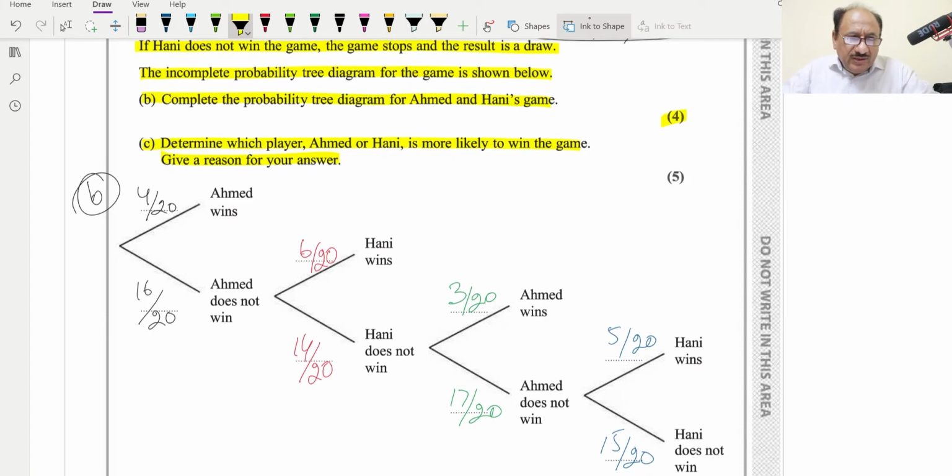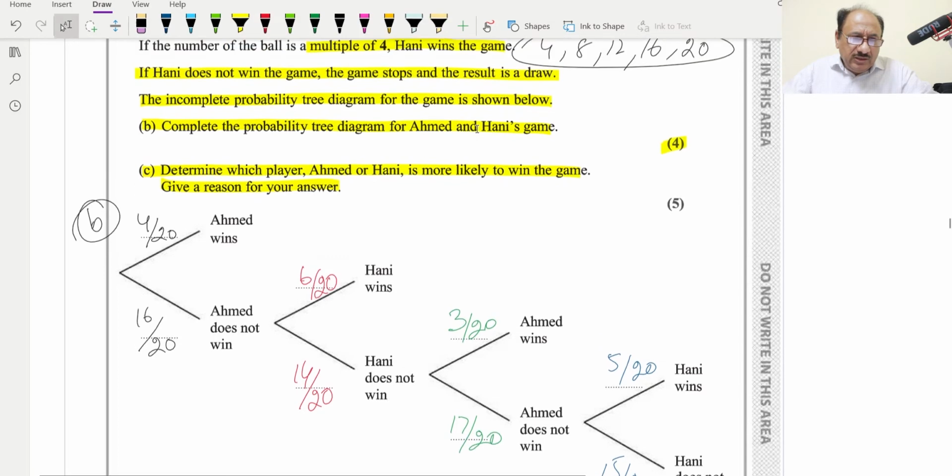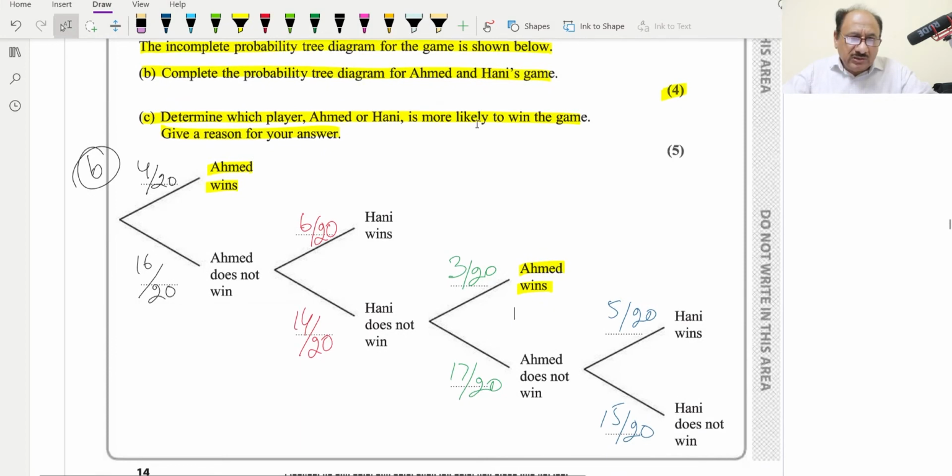So to win the game, for example, if Ahmed needs to win the game, we will check the wins. Ahmed wins in this one, and Ahmed wins in this one. So these are the two situations in which Ahmed will be winning.